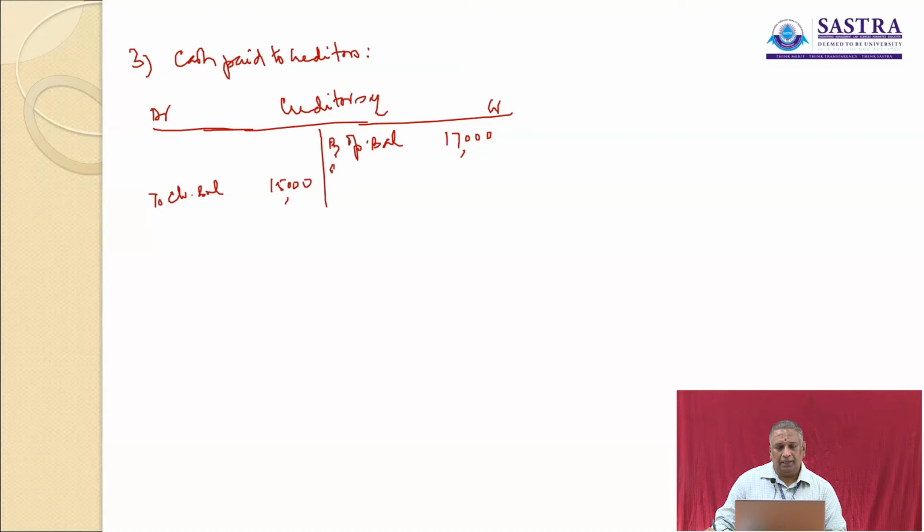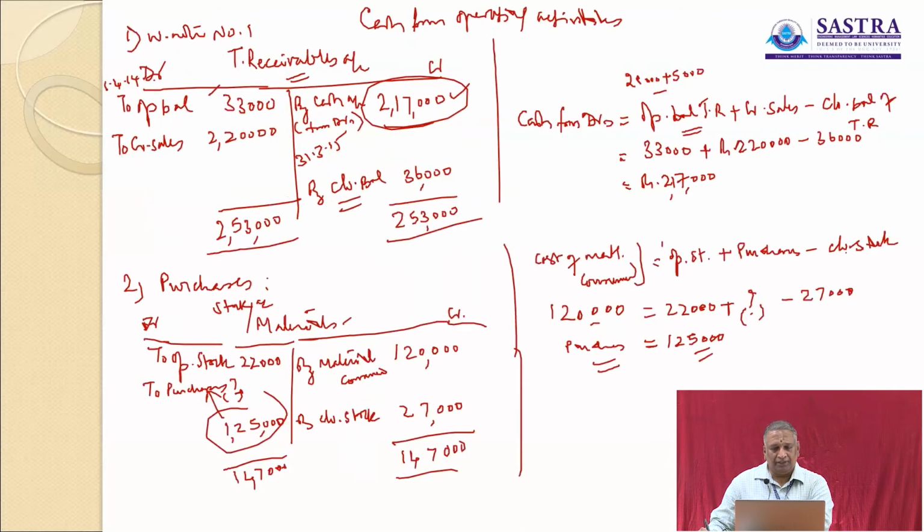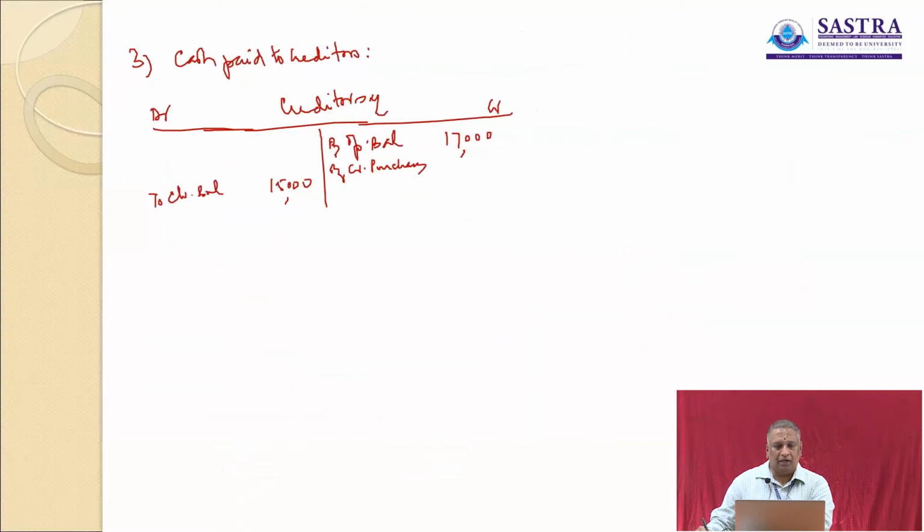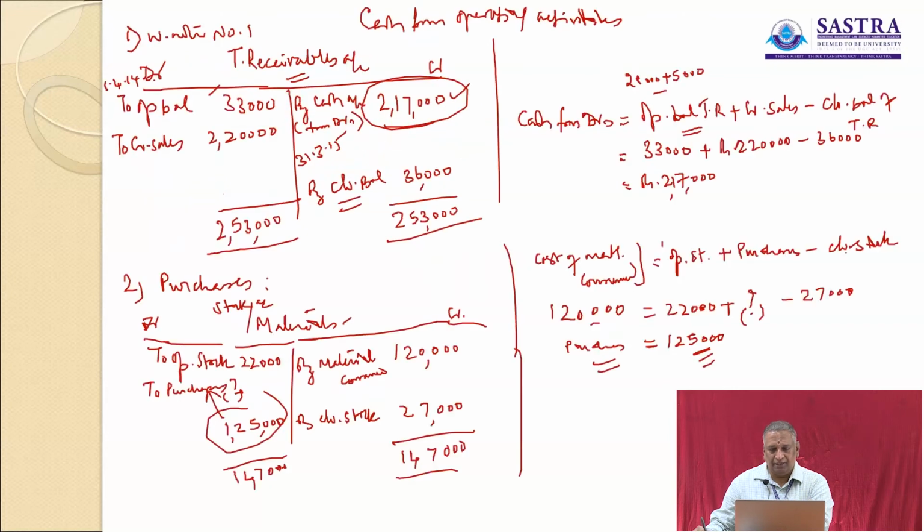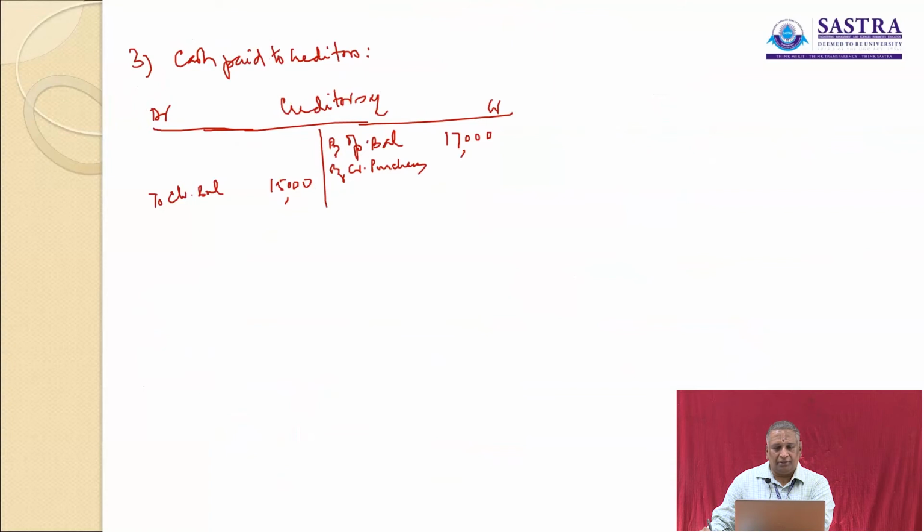Then by credit purchases, we have calculated it here, 1,25,000. Without knowing purchases, we can't calculate cash paid to creditors. So first we have to calculate the purchases. Then the amount of purchases is to be credited here in the creditors ledger.